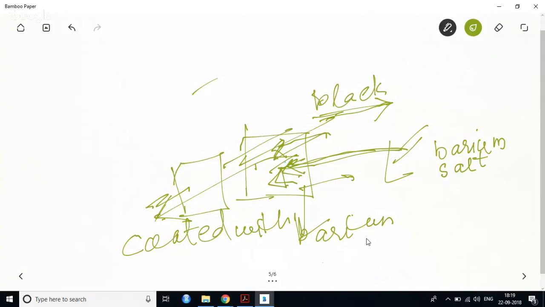So X-rays: the complete arrangement for production of X-rays, that particular tube, is called Coolidge's tube. In that tube, you have a filament, represented by F in your book, and you have a target. The target is made of tungsten.